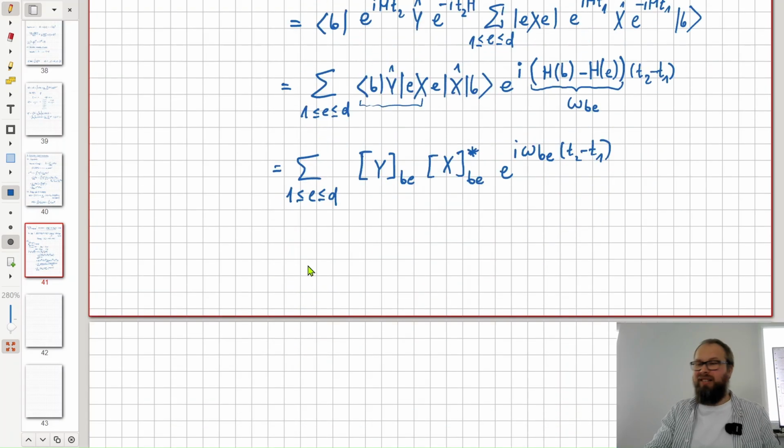This is the correlation function. But wait, there's more, because that's a correlation function.